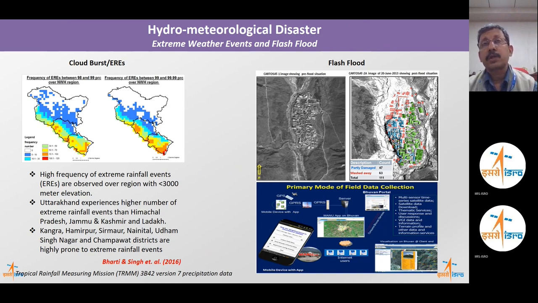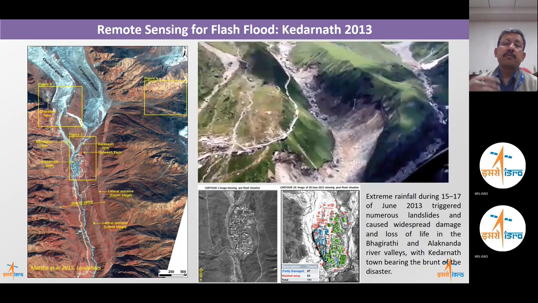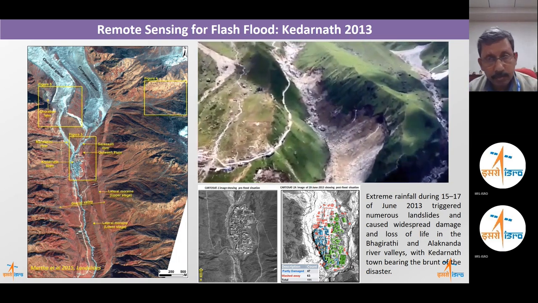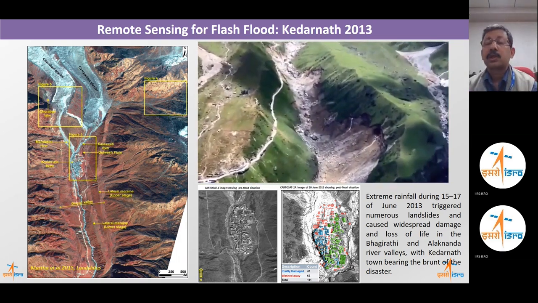And because of the nature of the event, there is very little forewarning, and we experience a lot of loss of life and property. So I'll just give a brief description of what happened in Kedarnath in 2013.